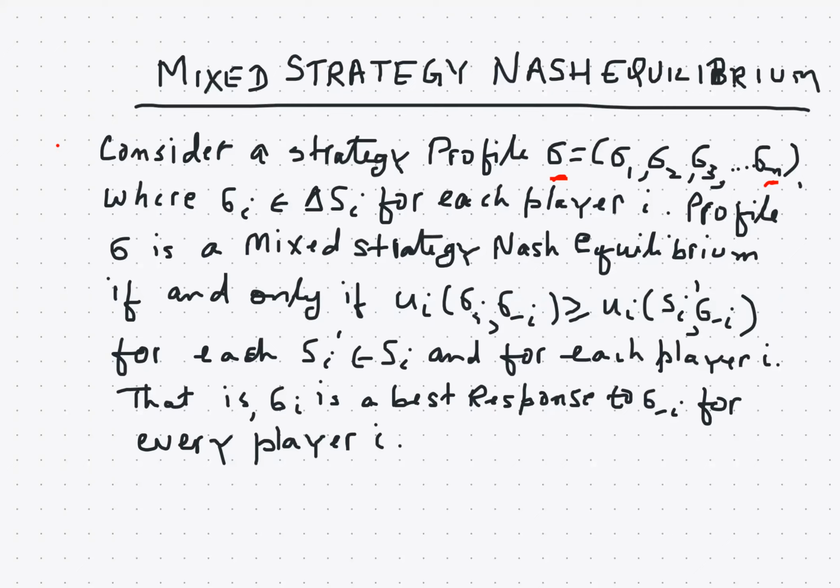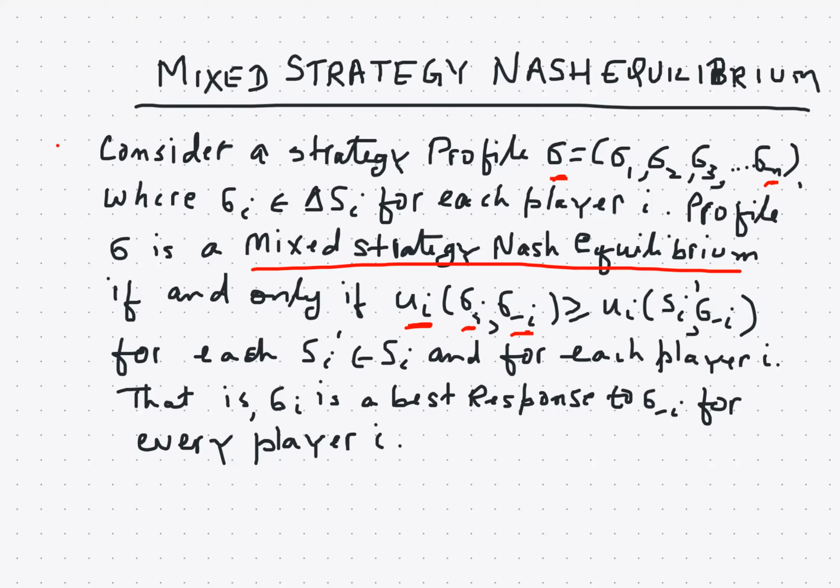Profile sigma is a mixed strategy Nash equilibrium if and only if the expected payoff for player i from playing the mixed strategy sigma i, given other players' mixed strategy sigma sub minus i, is at least as good as the expected payoff for player i once he plays a pure strategy s i prime, given other players' mixed strategy sigma sub minus i.